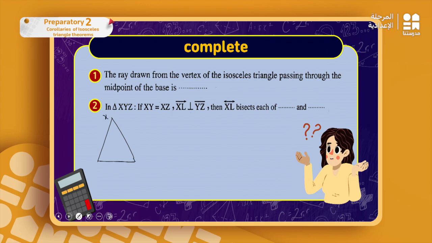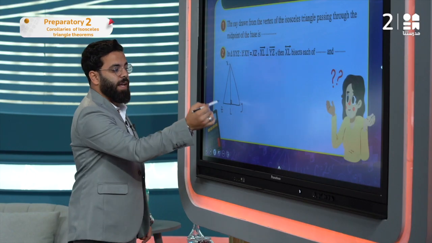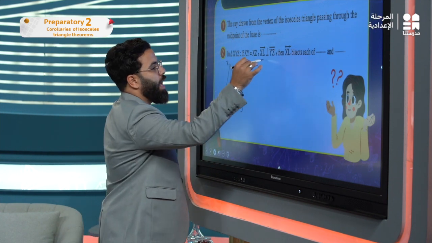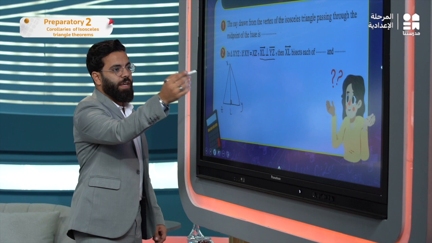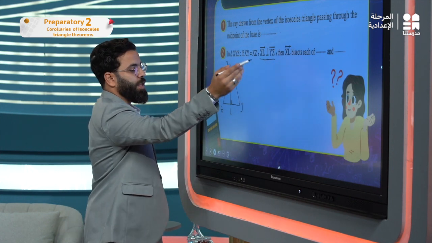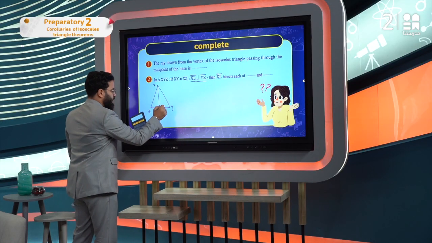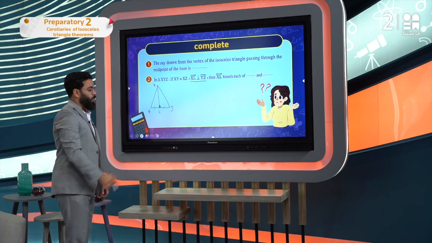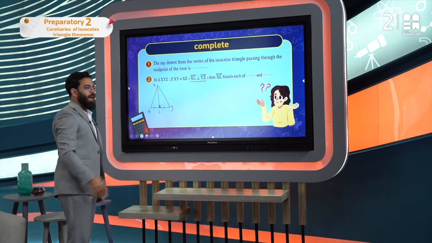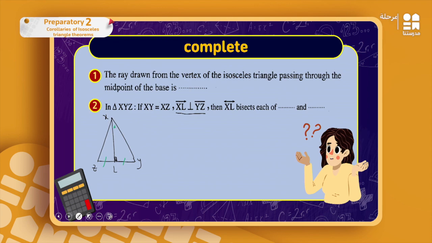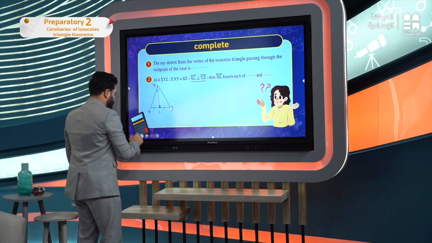X, Y and Z. Then XL is drawn perpendicular to YZ. XL is perpendicular, so it did one action of the three we agreed on. Then it bisects the base, ZL equals LY, and it also bisects the vertex angle, so I can say it bisects each.